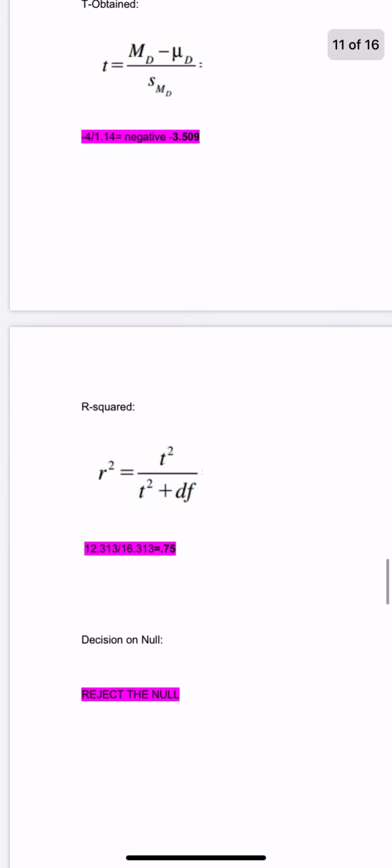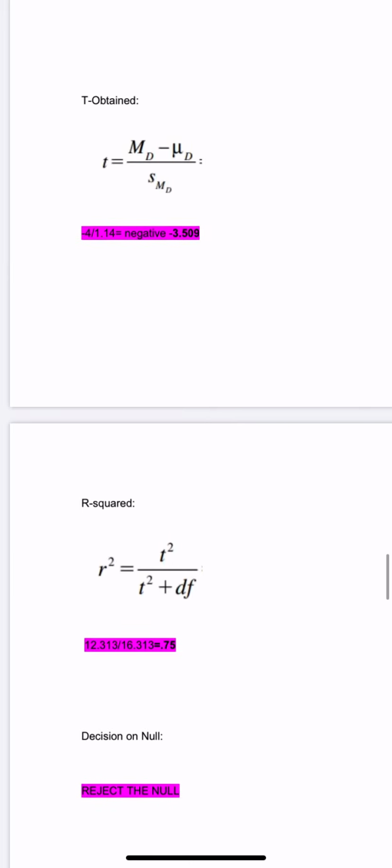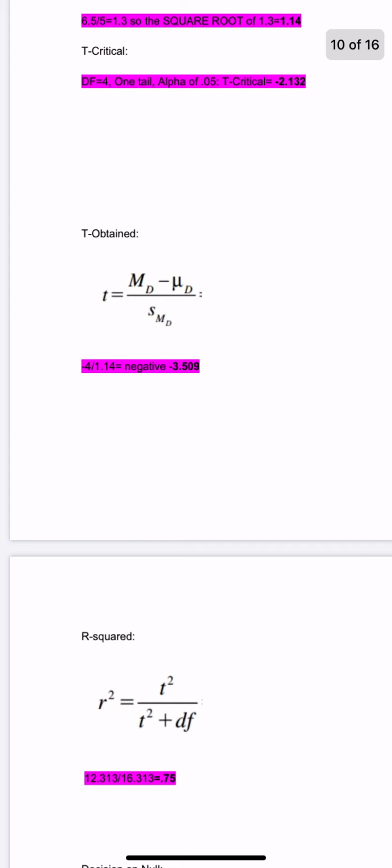And then we're doing an R squared, where we're taking the T obtained squared divided by the T obtained squared plus the DF. All right, and R squared, what is this? What does R squared mean? This could be on your test. R squared means the percentage of variance explained by the manipulation of the independent variable. Your book defines it as the percentage of variance explained by the treatment effect. They mean the same thing.